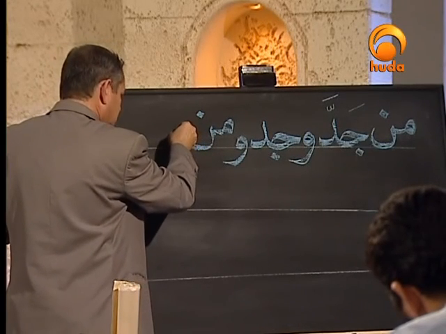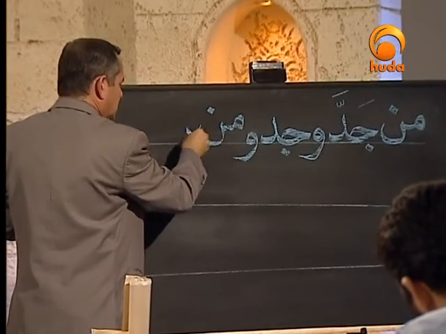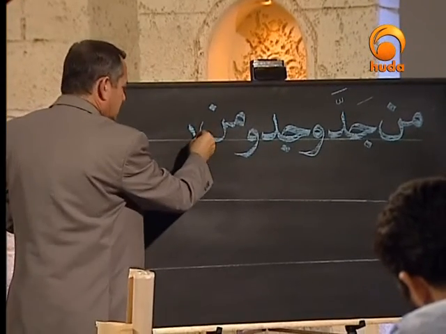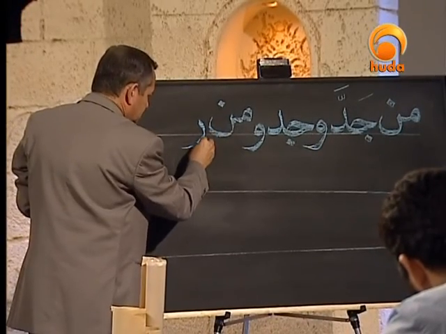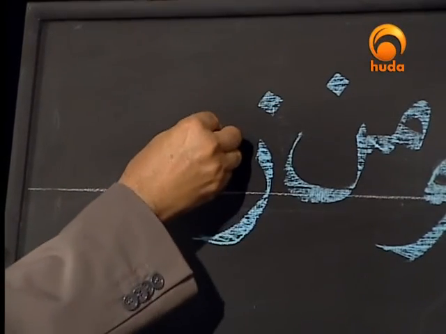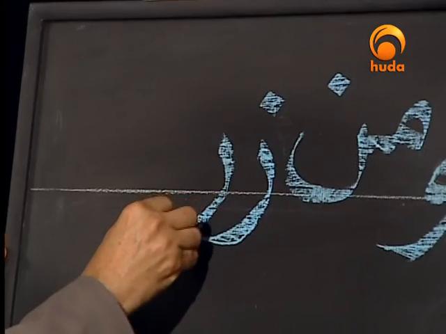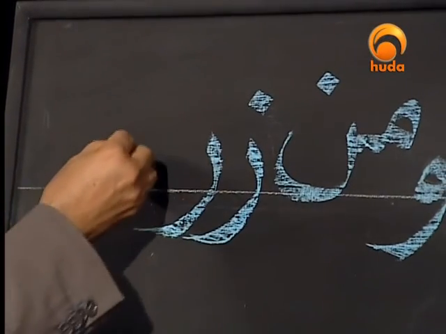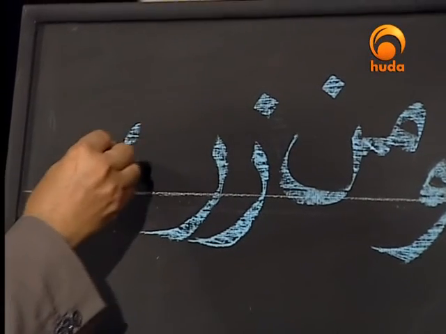Zara, a part of the letter on the line. The other part will be below the line. Za and Ra. And Ain. See the Ain? I'll do a part upon the line.